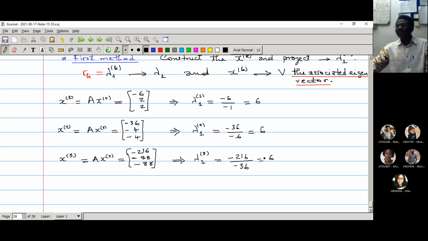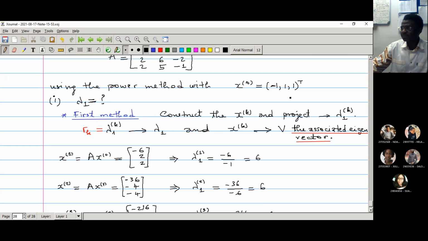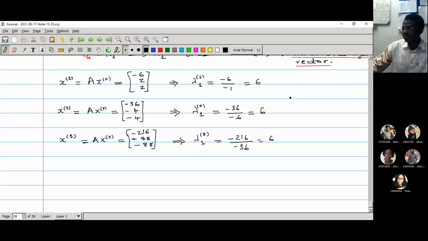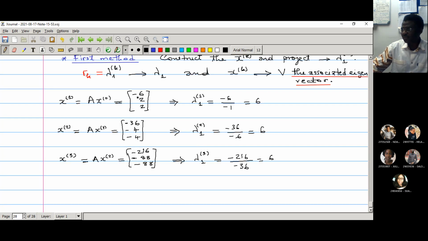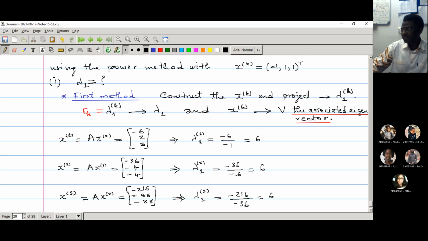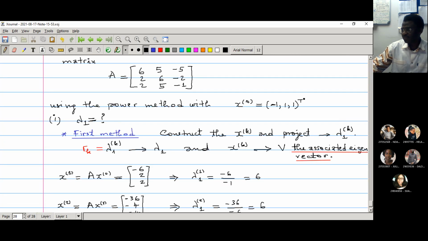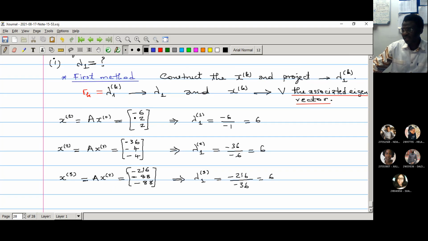Now in terms of the eigenvector, you can take either, because all these are constant multiples. You can take the original, or the first one.